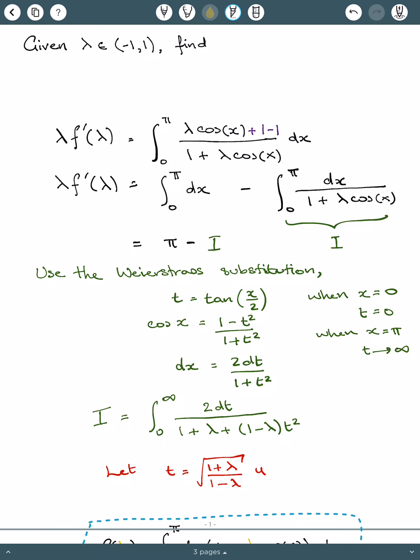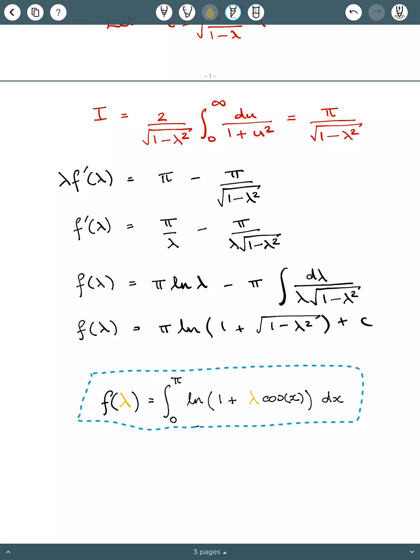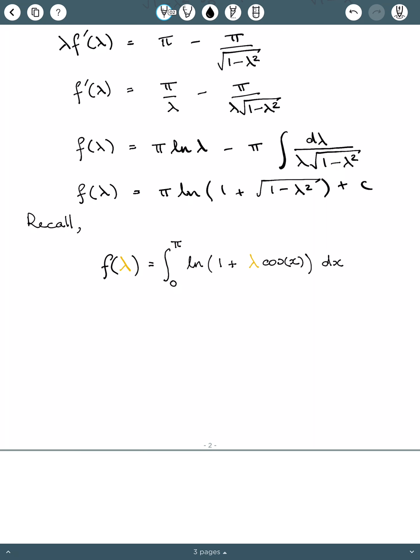Okay, so if we look at this original integral now, the value that we're going to choose for lambda is lambda equals 0.